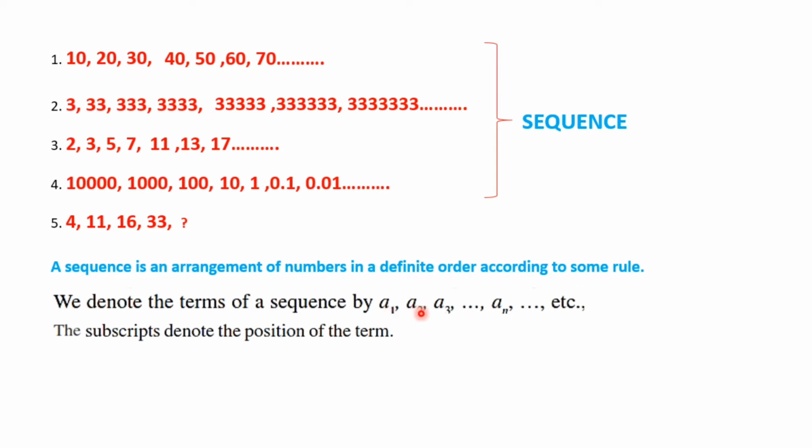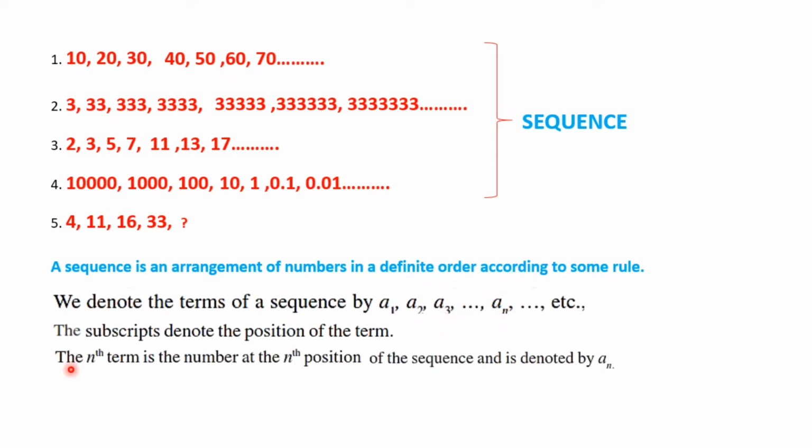A2 means this is the second term. A3 means this is the third term. An is the nth term. The nth term is the number at the nth position of the sequence and is denoted by An.